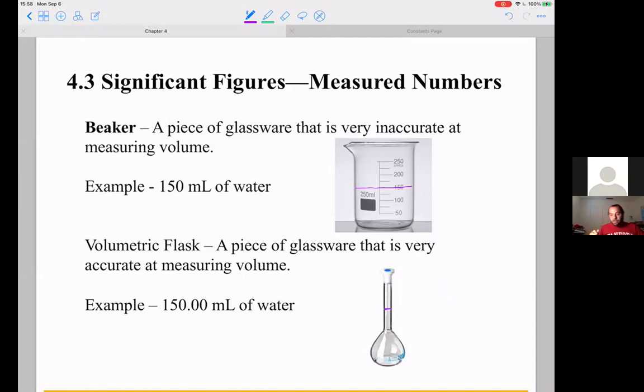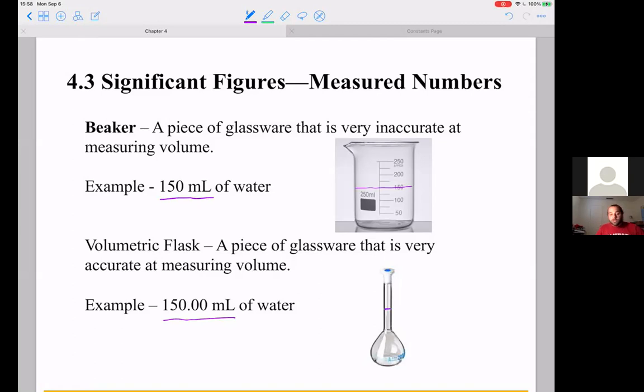And once you fill it up to the line, you stop, and that's exactly 150 mL. So if I were to measure a volume in a volumetric piece of glassware, I would record my volume as 150.00 milliliters, right? So again, in the beaker, it's 150 milliliters. In the volumetric flask, it's 150.00 milliliters.